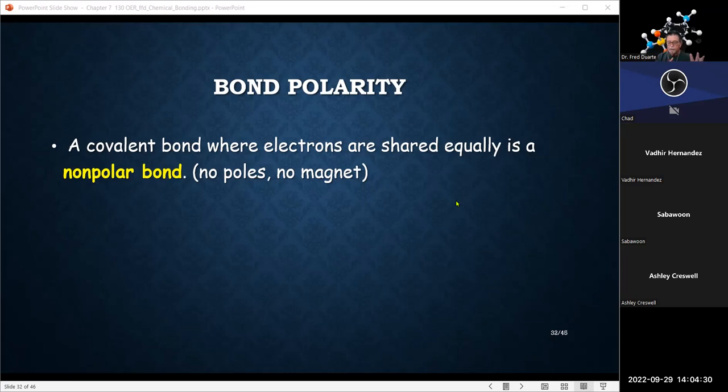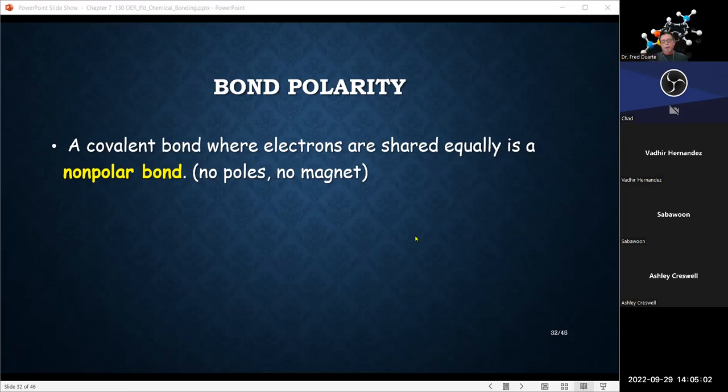Now, I also mentioned that when there is a bond between atoms, there's going to be either an equal sharing of those electrons or an unequal sharing. When those bonds are equally shared, we classify that as a non-polar bond. In other words, non-polar meaning there's no pole.